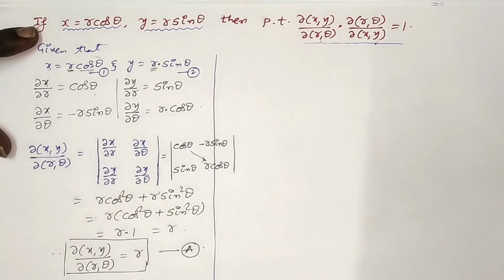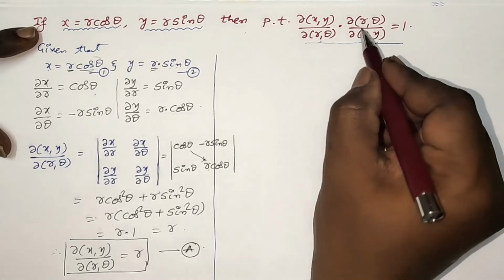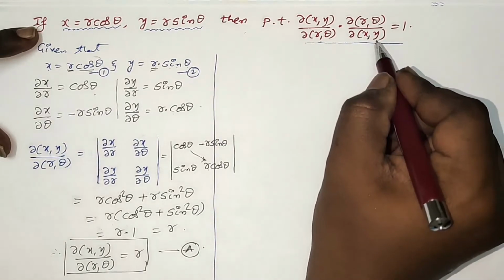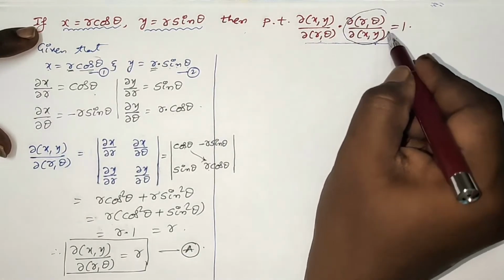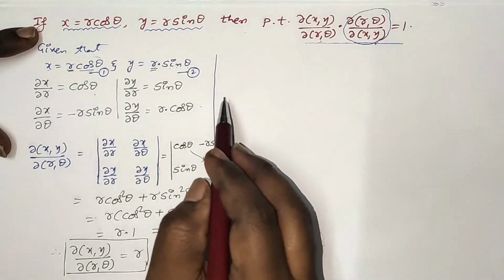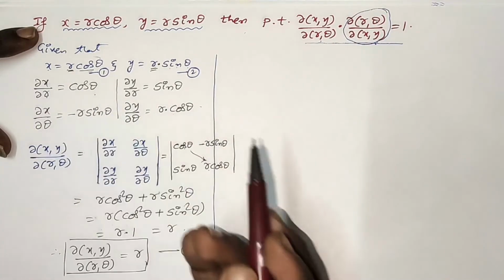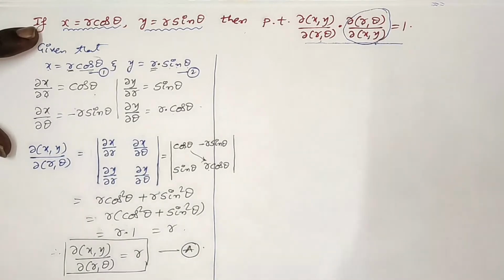Now we have to find the other Jacobian, of r comma theta with respect to x comma y. For getting this Jacobian, you should get the values of r and theta in terms of x and y.